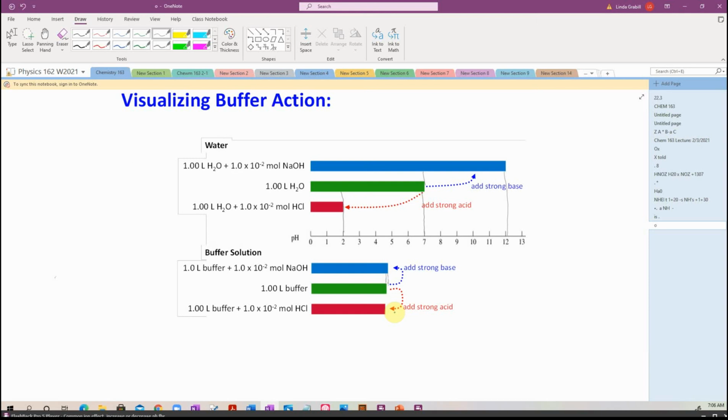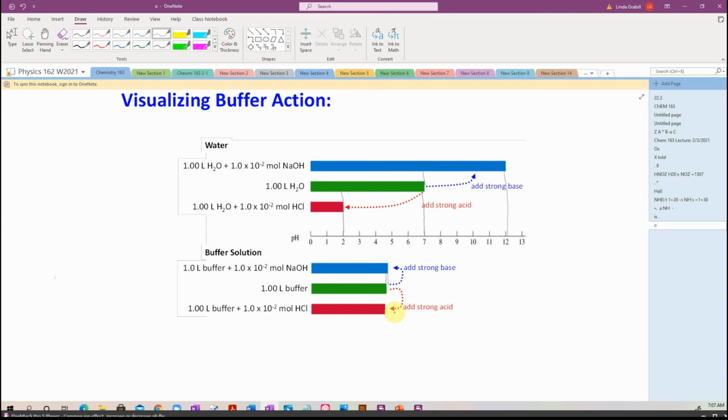So how do we make one? We make one with a weak acid and its conjugate base, or a weak base and its conjugate acid. If we have those two things in solution, then we're giving either our strong acid or our strong base something to keep itself entertained with other than water.